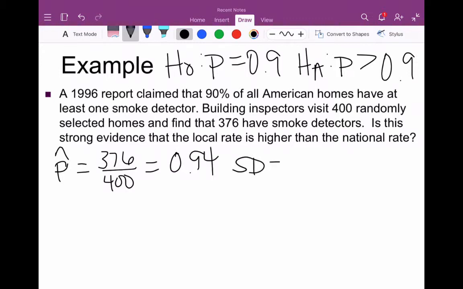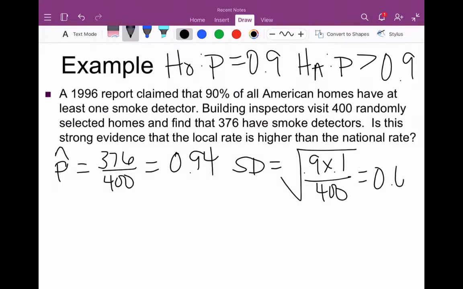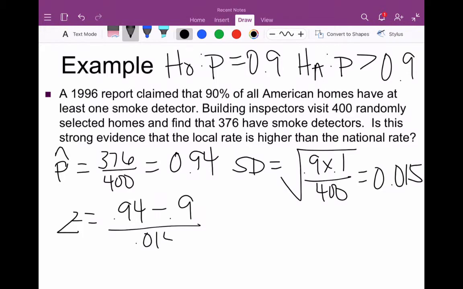Our standard deviation is based off of our current model of the square root of 0.9 times 0.1 divided by 400, which is 0.015. Then we calculate our z-score. So z is equal to 0.94, our sample proportion, minus our null hypothesis, divided by our standard deviation, and we get a z-score of 2.67.